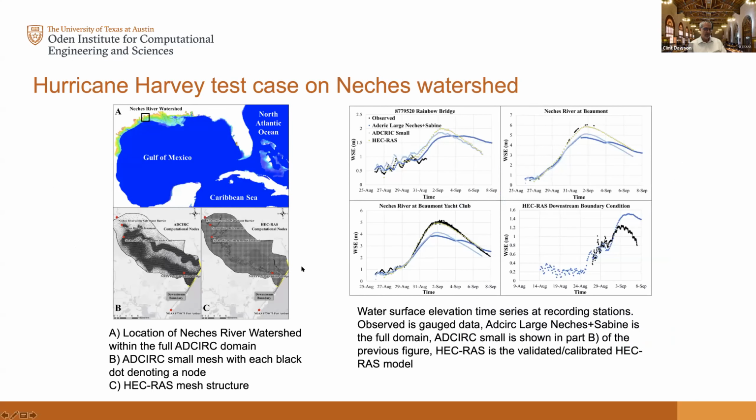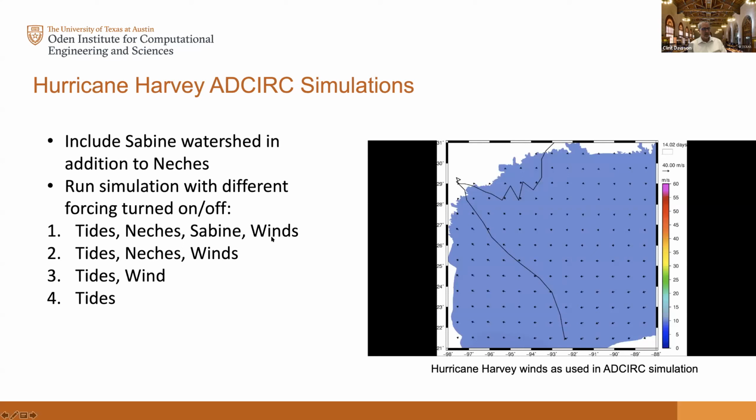The Sabine River is just to the right of the Neches River. It's kind of up in the upper right corner of this box here. So two major watersheds. So our forcing is tides, inflow from the Neches and Sabine, and wind forcing.